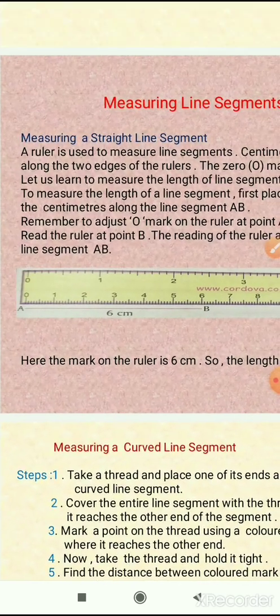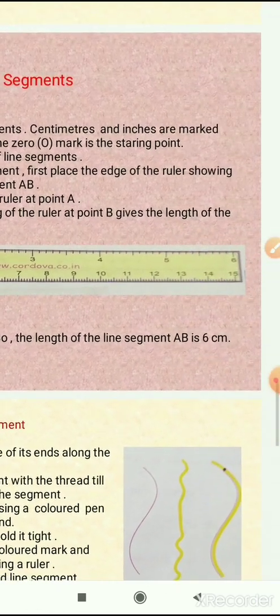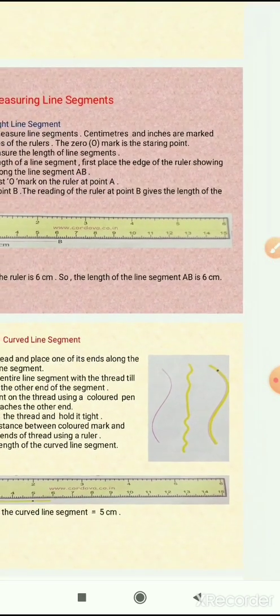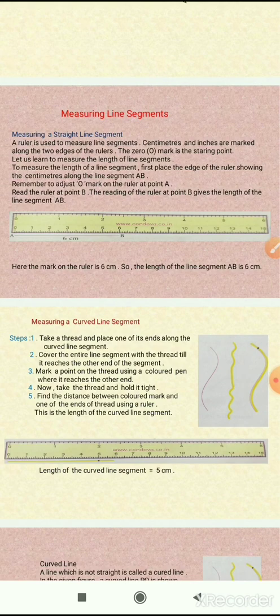So we say that the length of line segment is 6 centimeter. Here the mark on the ruler is 6 centimeter. So length of line segment AB is 6 centimeter. In this way we can measure the length of different line segment by using ruler.